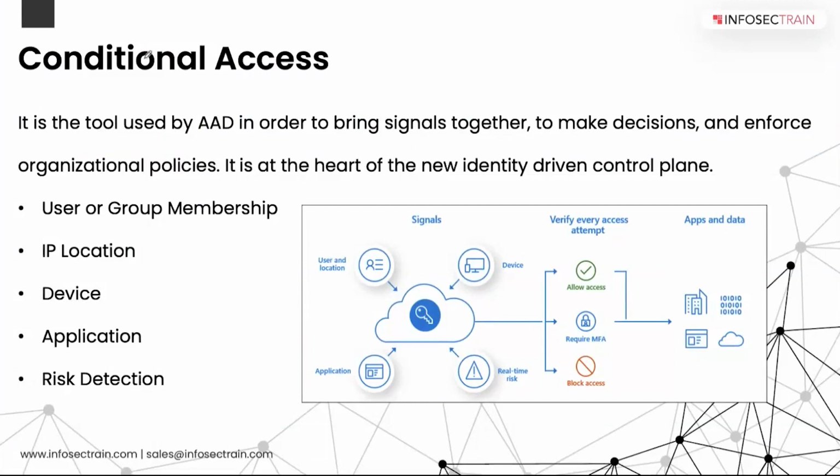This is a tool used by Azure Active Directory in order to bring signals together to make a decision and enforce organization policy. And it is the heart of the new identity-driven control plane, right?